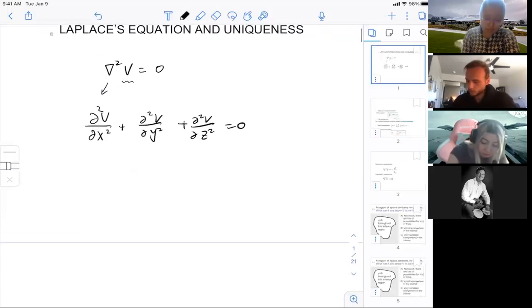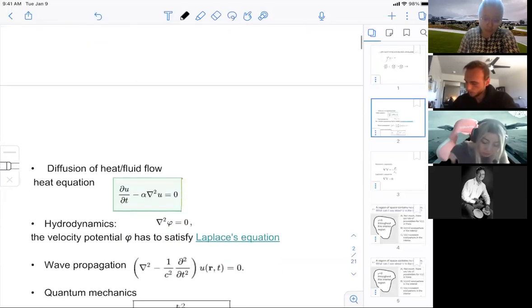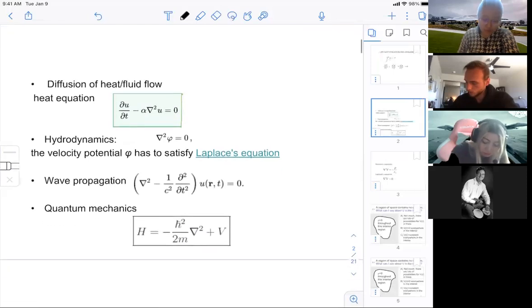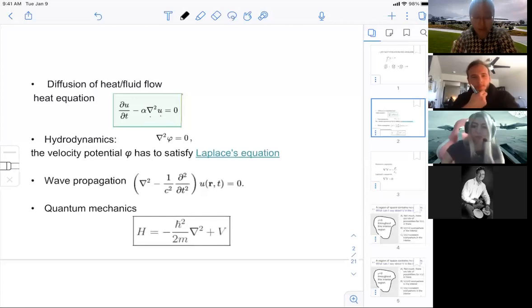This Laplacian is going to appear in many different places in physics and engineering, just to show that what we are doing here is not something you learn one time and never use again. You will see it multiple times. For example, in the equation describing fluid flow and the heat equation, the Laplacian describes the function's dependence with respect to space, while it also depends on time, and those are related.